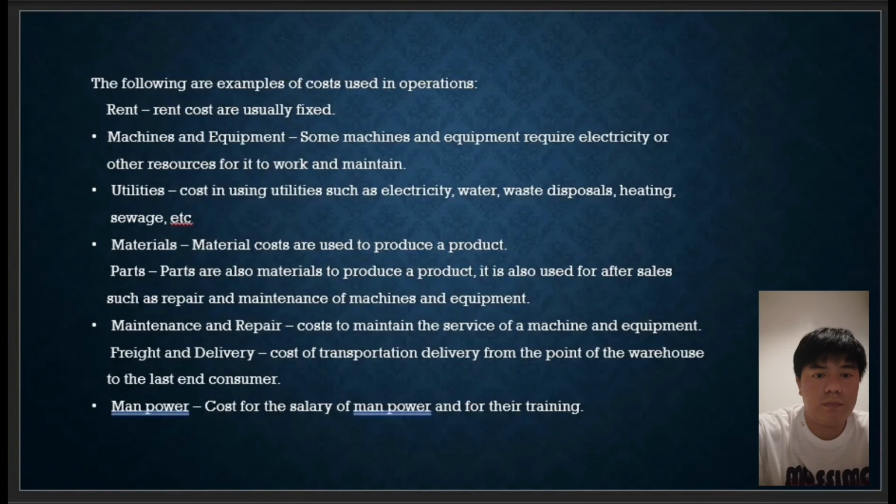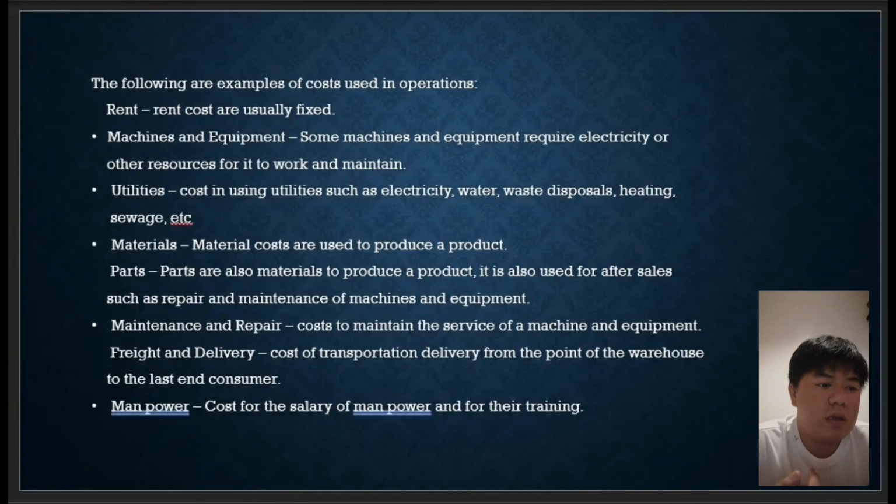So next is maintenance and repair. Cost to maintain the service of machine and equipment.